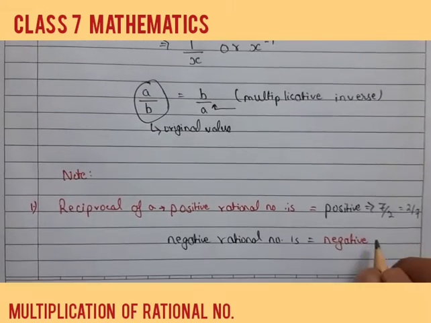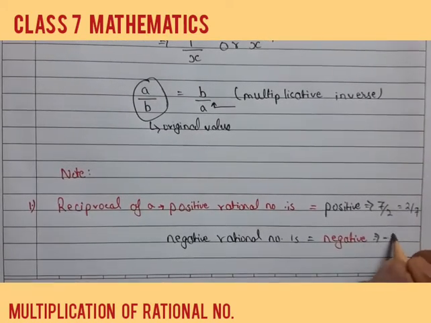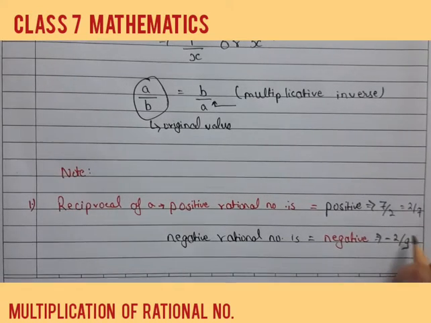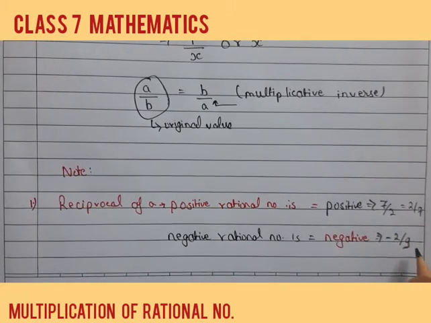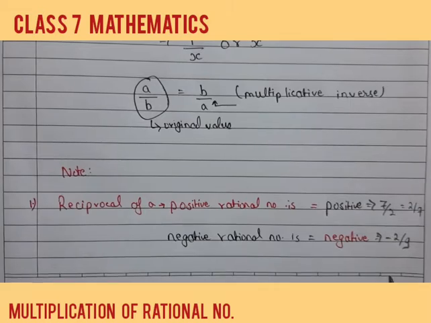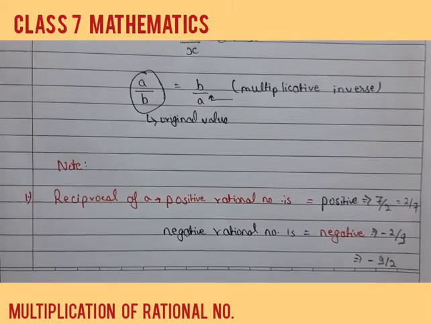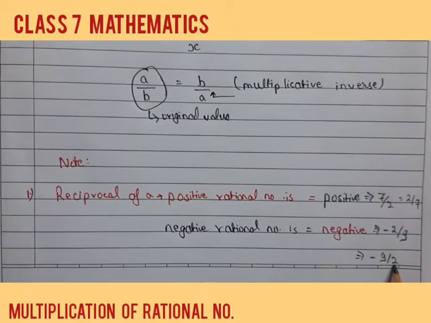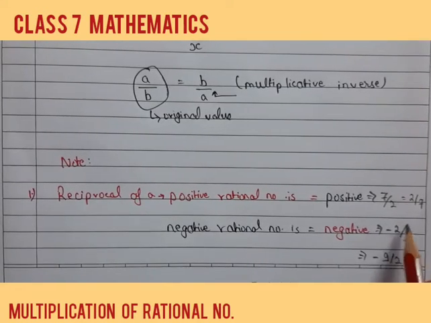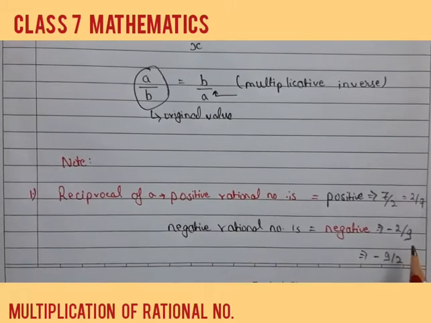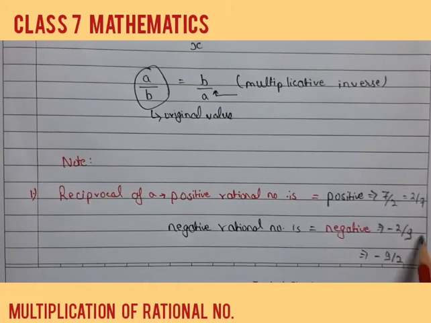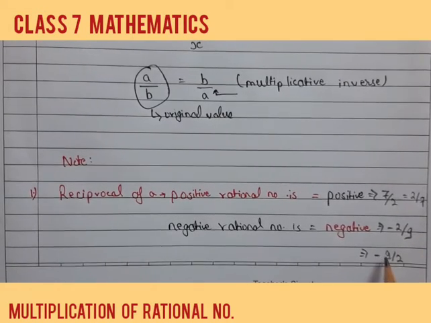But suppose a number is given, minus 2 upon 9. Now this is a negative rational number. Its reciprocal or multiplicative inverse will be minus 9 upon 2, the inverse value but with a negative sign.